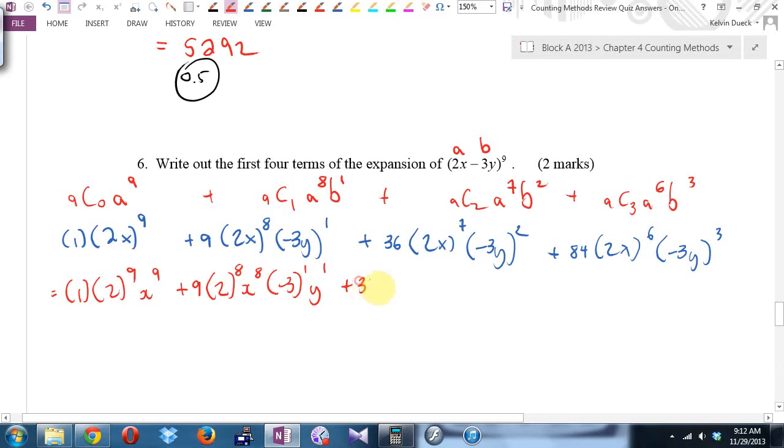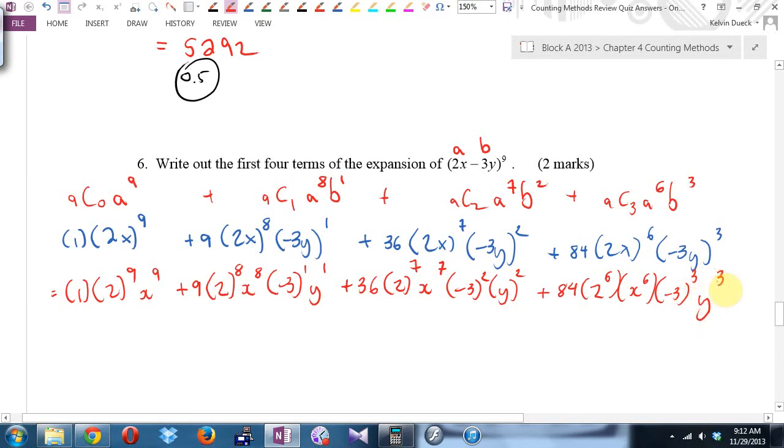That's going to be a 36, a 2 to the 7th, an x to the 7th, a negative 3 squared, a y squared, plus an 84, a 2 to the 6th, an x to the 6th, a negative 3 cubed, and a y cubed, because the exponent goes on to everything inside the brackets. Now I think I'm ready to go to my calculator and try and go final answer.